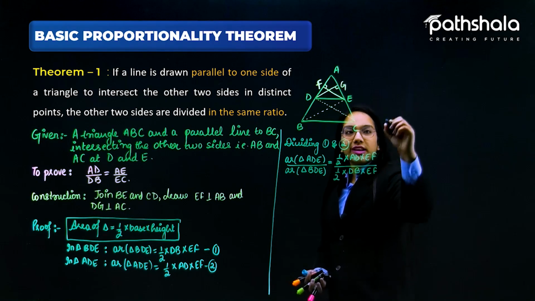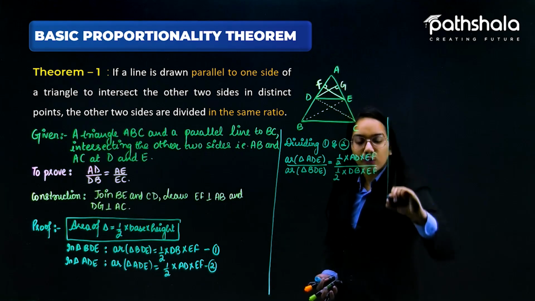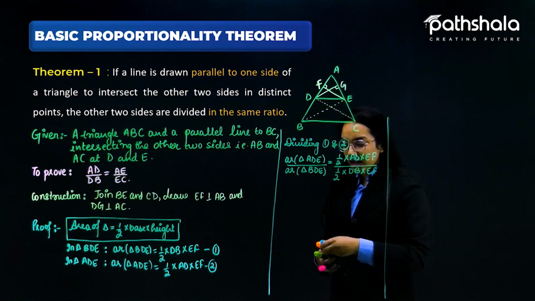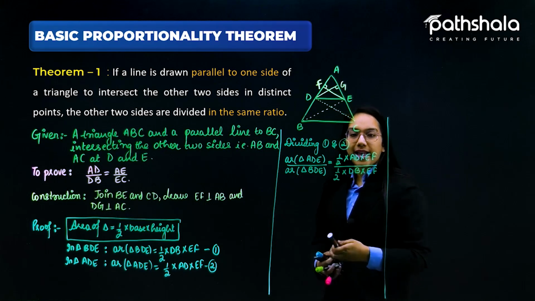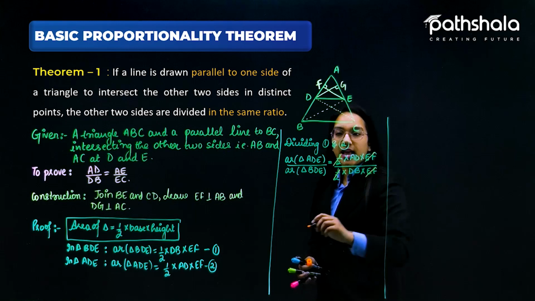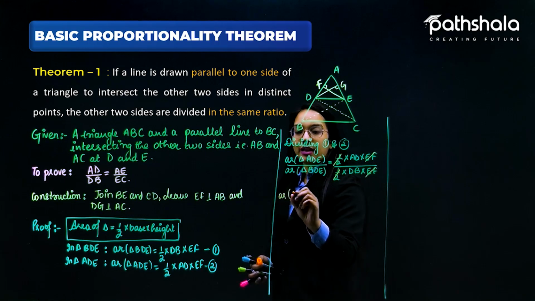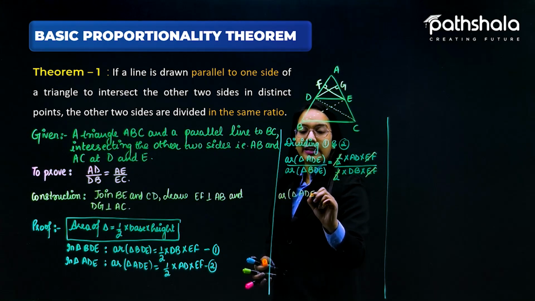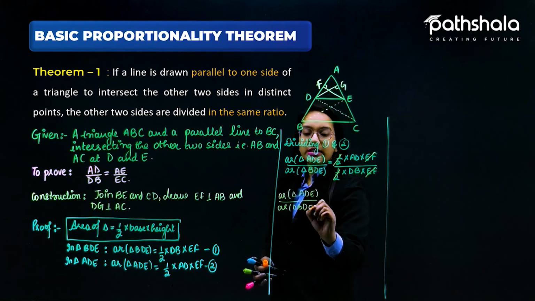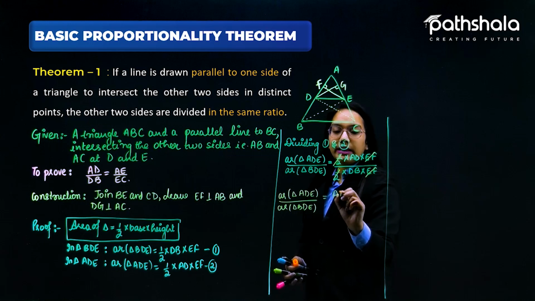This is what I am getting after dividing these two areas. If I cancel the values, half and half get cancelled, EF and EF get cancelled. So the area of the triangle ADE divided by the area of the triangle BDE is equal to AD by DB.